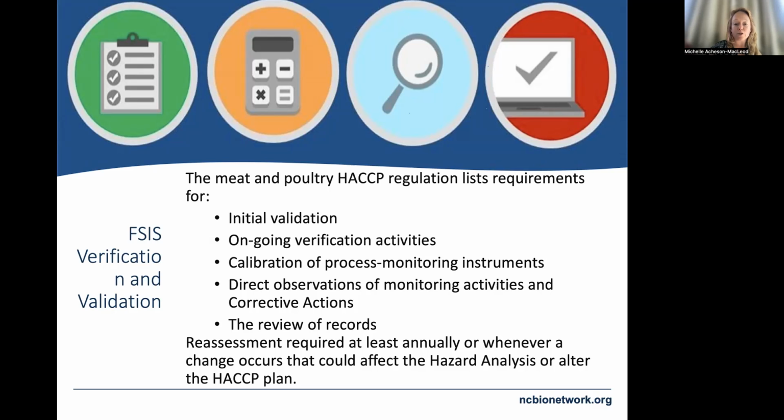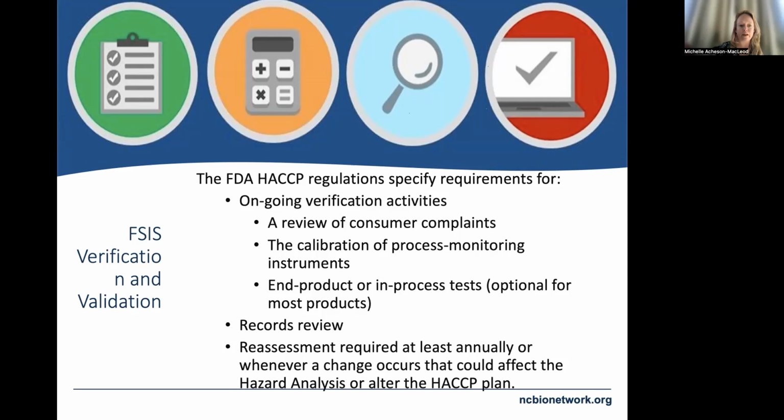Calibrating your process monitoring instruments is going to happen at the intervals that you determined important. Direct observations of monitoring your activities, or monitoring your monitoring activities, right? You watch somebody doing the monitoring activity and reviewing those corrective actions that we're taking and reviewing all of those records. And then also reassessment of that HACCP plan that happens every year is another verification activity.